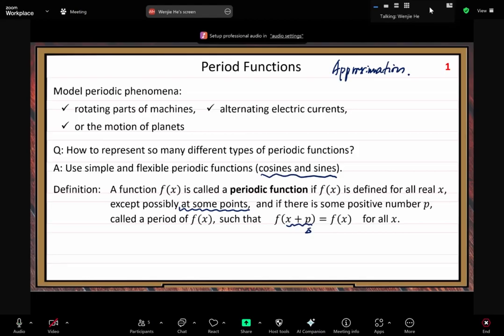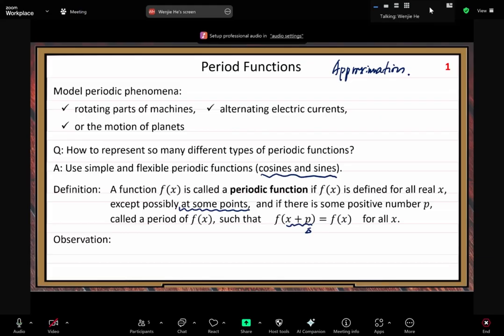At that point, they have the same value. If that property holds, that's the periodic function definition.